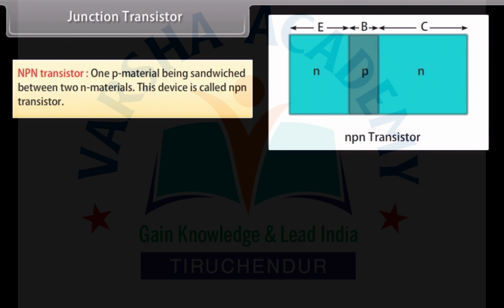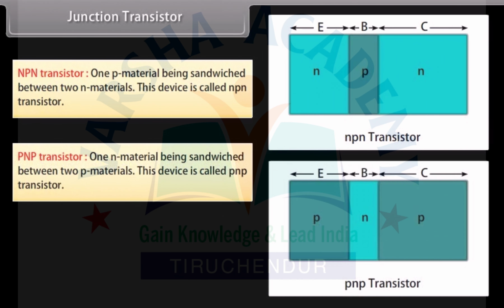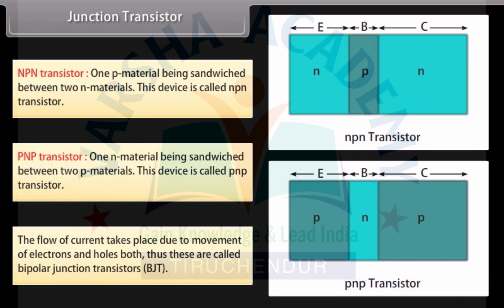This device is called an NPN transistor. In a PNP transistor, one N material is sandwiched between two P materials. This device is called a PNP transistor. The flow of current takes place due to movement of both electrons and holes. Thus, these are called bipolar junction transistors.